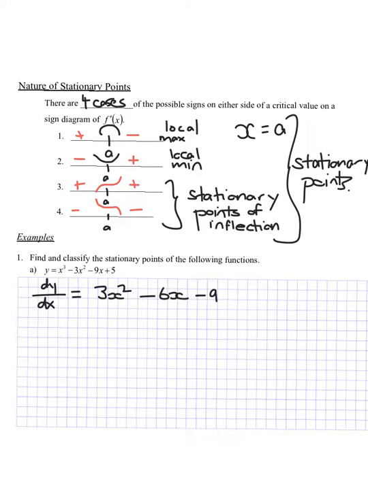Then to be able to find the stationary points, all we've got to do is find when the derivative is equal to 0. dy on dx equals 0 when 3x squared take 6x take 9 is equal to 0. Now if I've got that, what am I going to do first off to solve that?